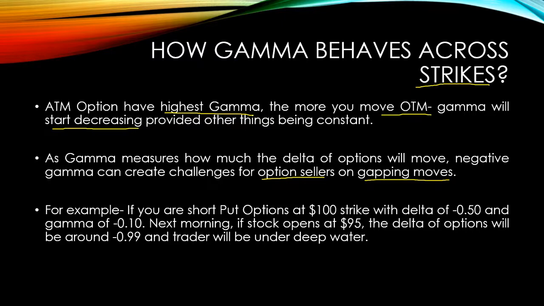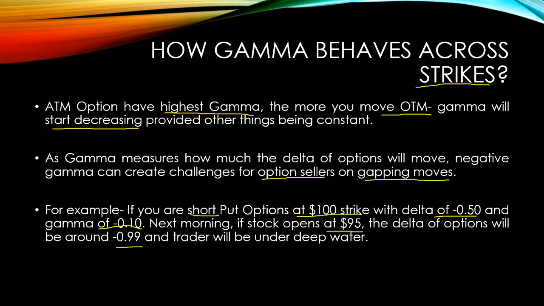For example, to check what we mean by this explosion of gamma, if I have sold a put option of $100 strike price with a current delta of 0.50 and gamma of negative 0.10, and next morning I wake up and the stock opens 5% below at $95, you can easily calculate the delta of the option would be around 0.99.